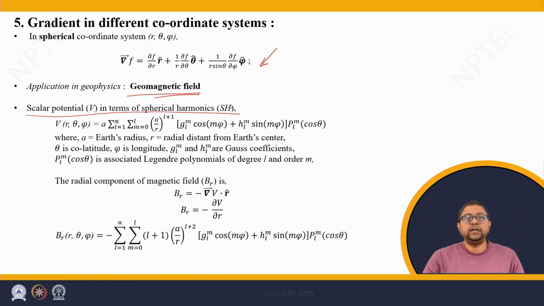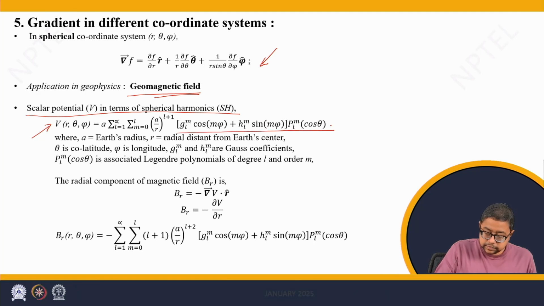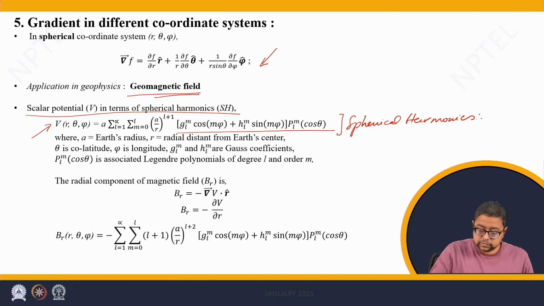The geomagnetic field, being a conservative field, has the potential V. This scalar potential for the geomagnetic field can be expressed in terms of functions known as spherical harmonics. The radial components of the magnetic field can be obtained by the gradient operator.